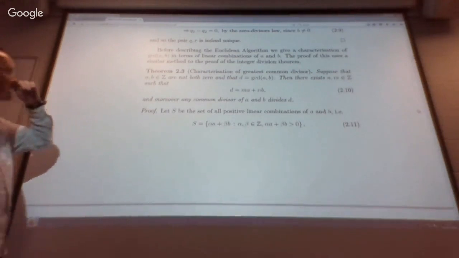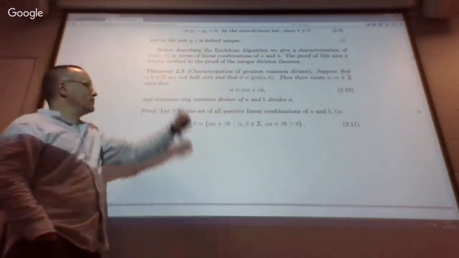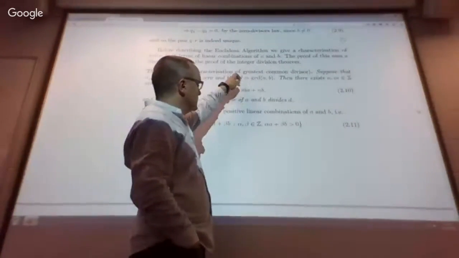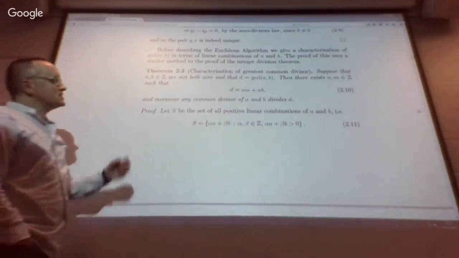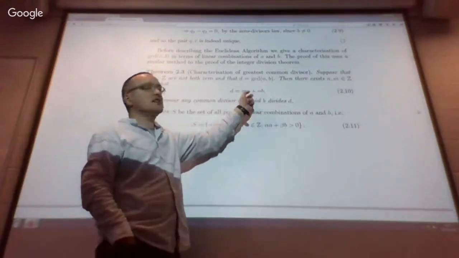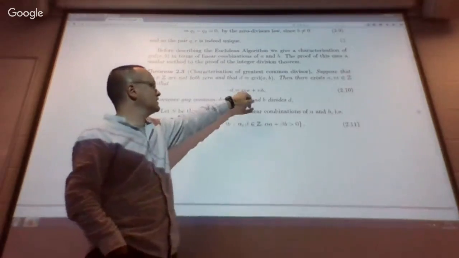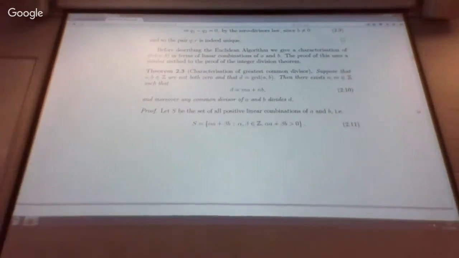What this is saying: suppose A and B are not both 0. That's just to rule out the 0 case. So A and B are a genuine, interesting pair of numbers. We'll let D be the greatest common divisor of them. This theorem is saying that it is possible to write the greatest common divisor as a linear combination of A and B. An integer linear combination, meaning a linear combination of A and B where the coefficients n and m are themselves integers.